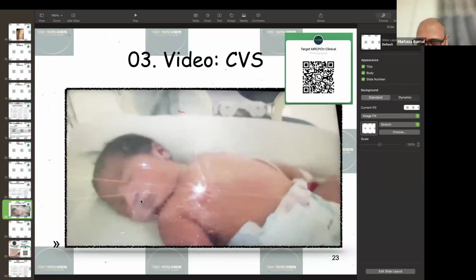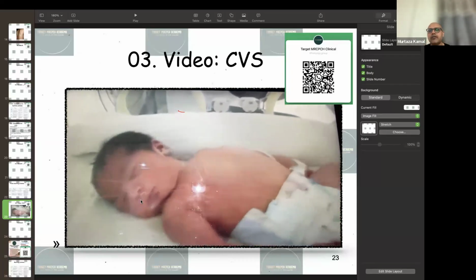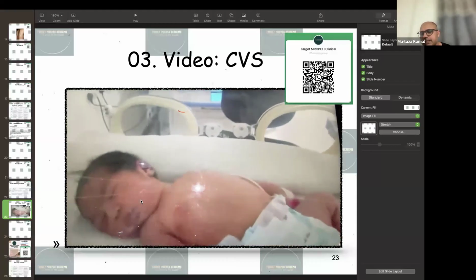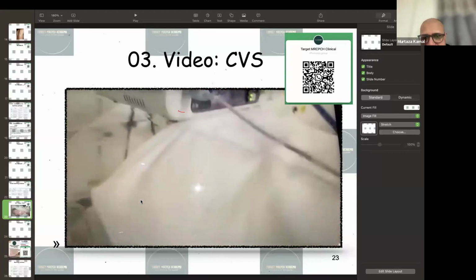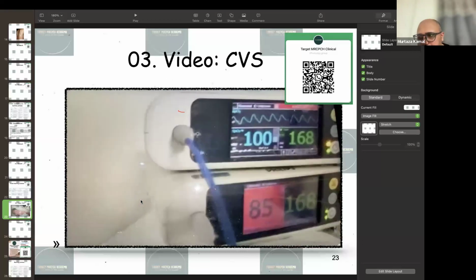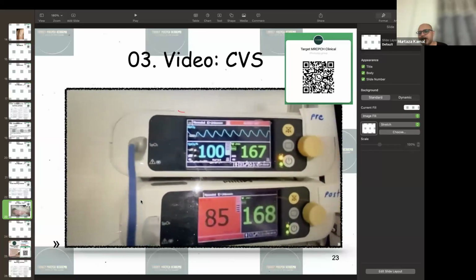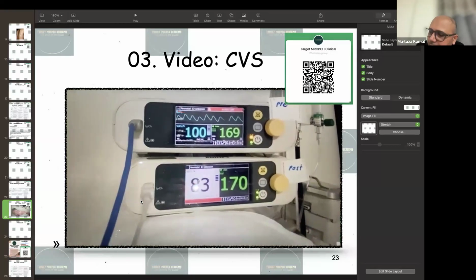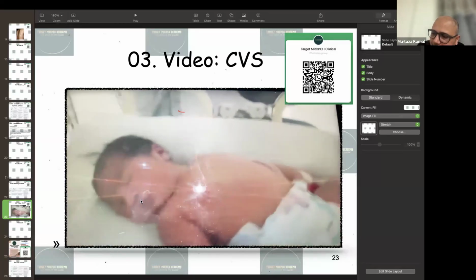Whereas the cyanotic heart diseases which you are telling about will lead to universal cyanosis. If there is differential cyanosis in a case like this, what does it mean? Why does the lower limb saturation get decreased? It means that the blood is flowing through the PDA, right?